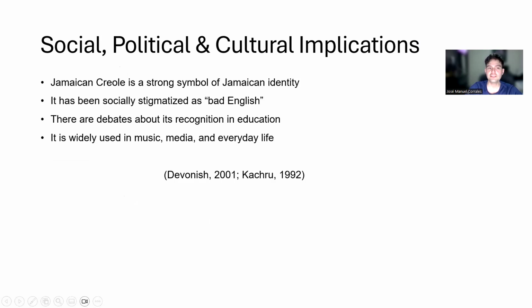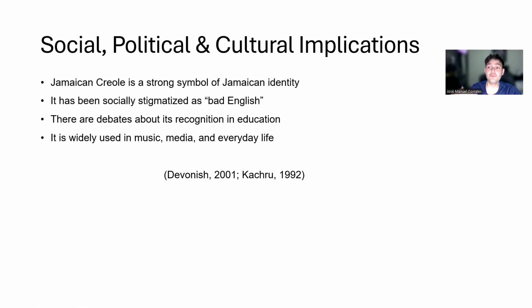What about the social, political, and cultural implications? Jamaican Creole is a strong symbol of Jamaican identity. We could also say that it has been socially stigmatized as bad English, because it is not formal for many people, but it has a strong meaning for the Jamaican people.